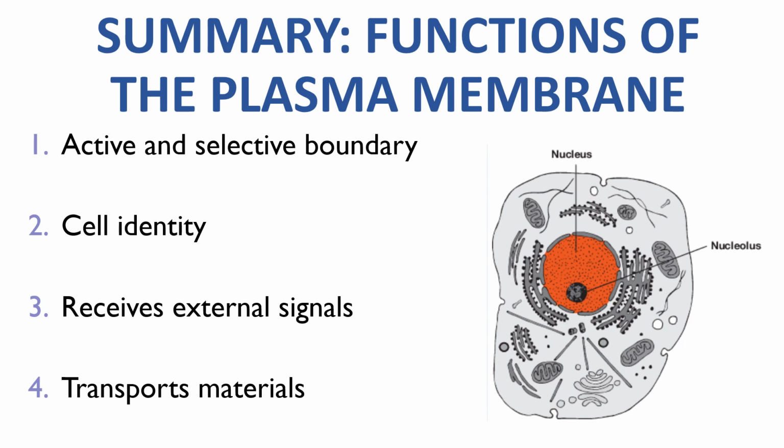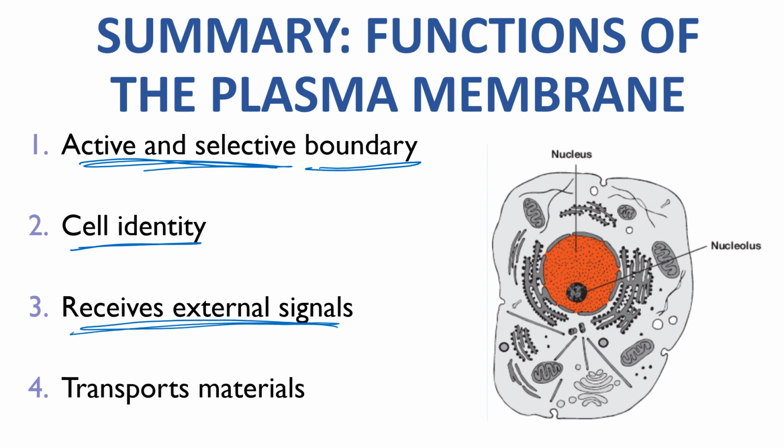So, to summarize, the 4 main functions of the plasma membrane. Firstly, it's to be that boundary that's active, it's constantly checking, and it's selective. It's controlling what can go into the cell and what can go out. It's the boundary. The membrane also helps with identity because of those carbohydrate molecules attached. It also helps to receive external signals.